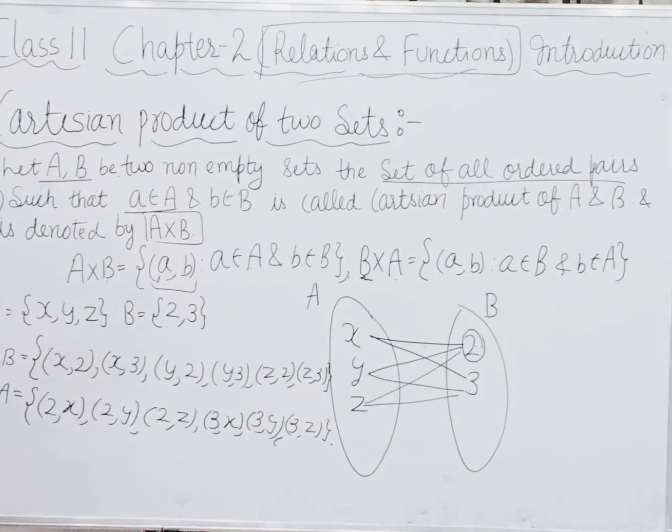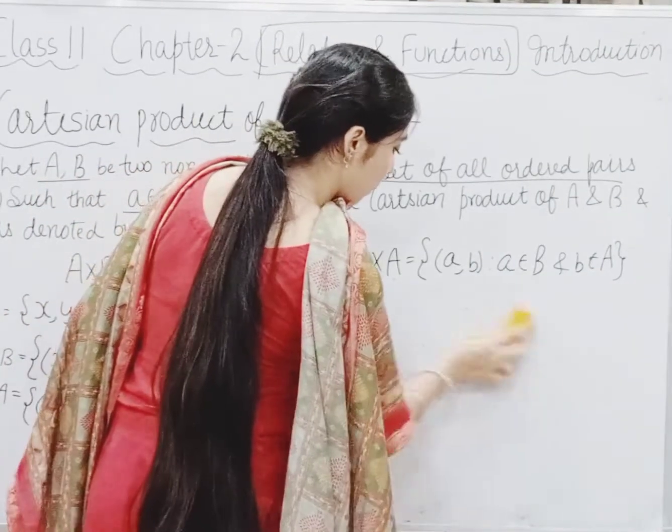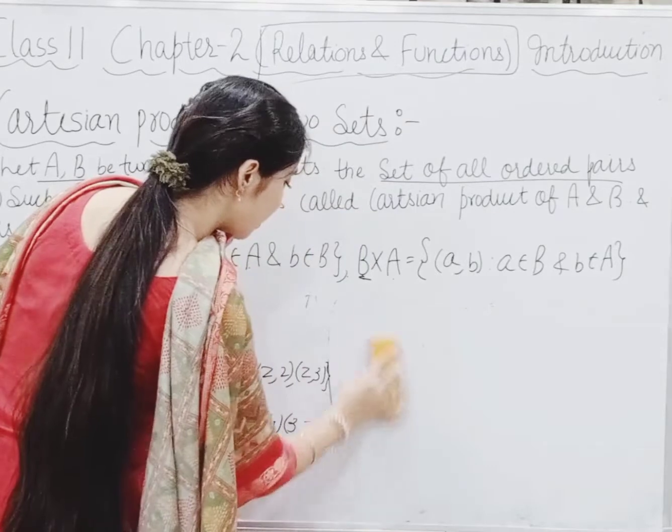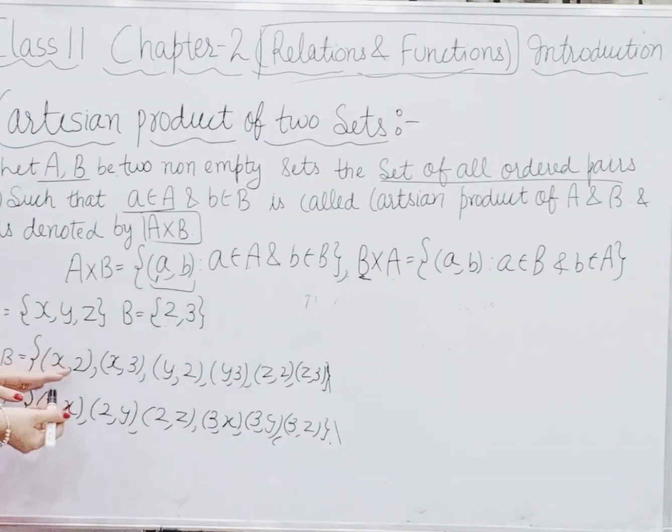So by these two products we can simply observe that in A cross B we have different elements and in B cross A we have different elements.